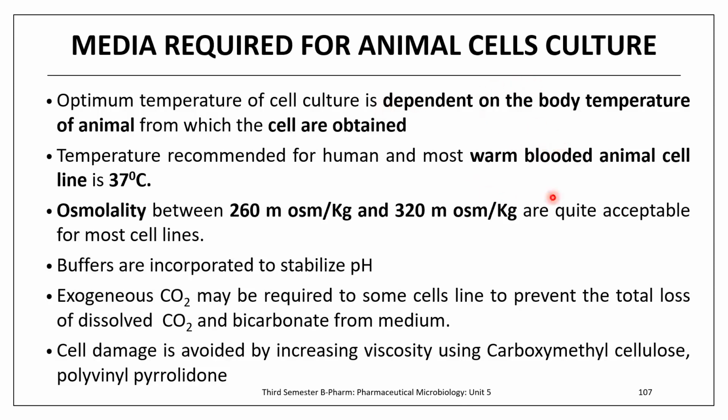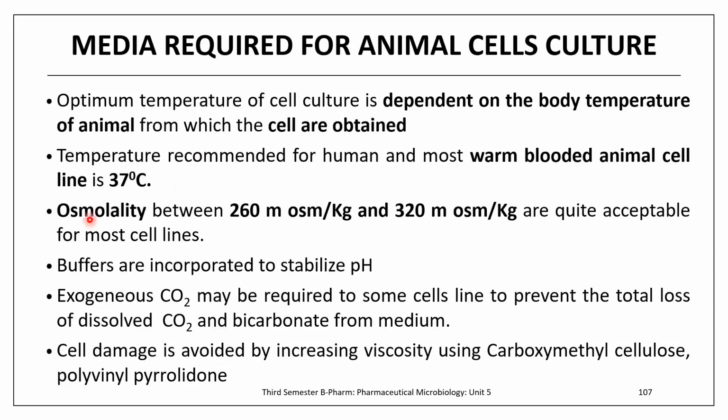So if the cell is taken from a warm blooded animal, we have to use 37 degrees Celsius for the incubation. So if we are using some kind of cold blooded animals, we have to take 20 to 25 degrees Celsius as an incubation temperature.